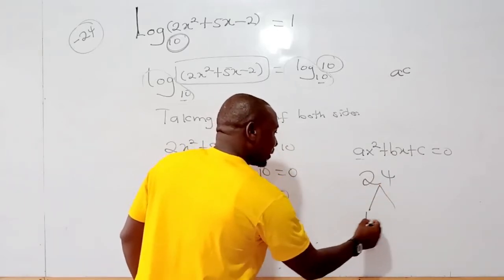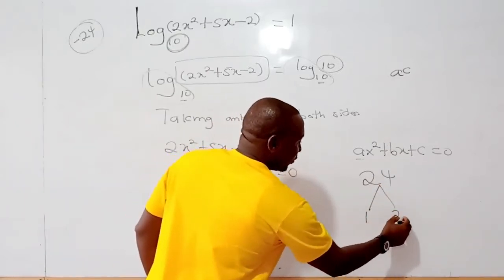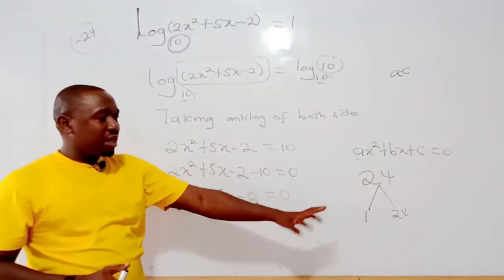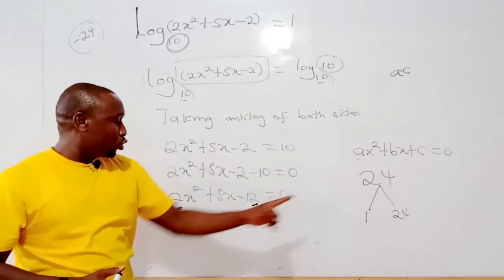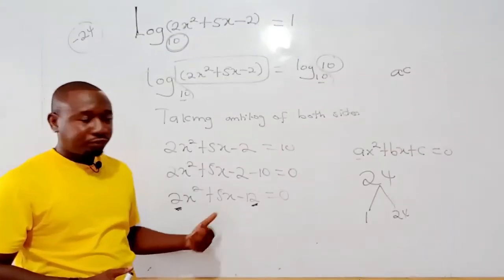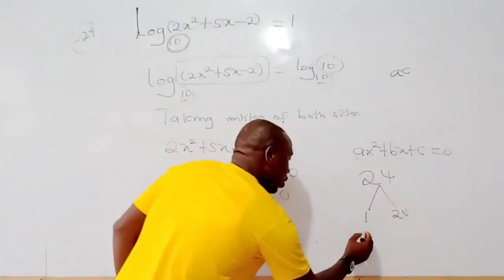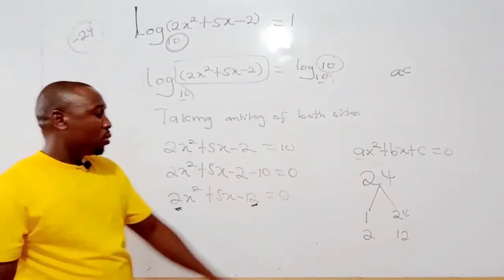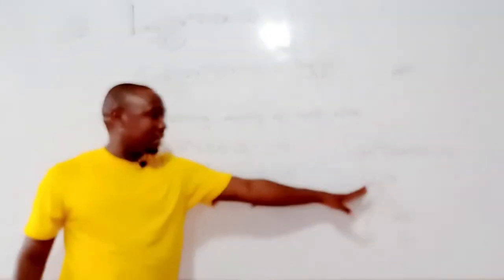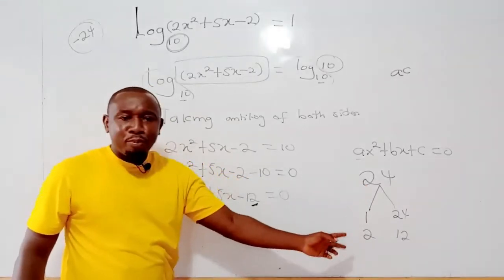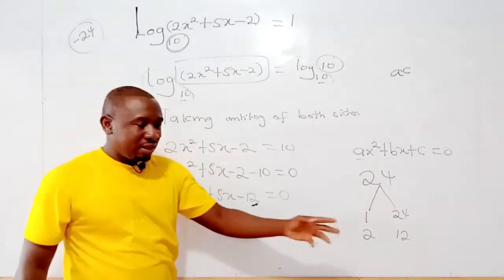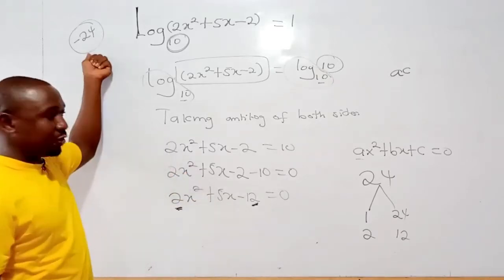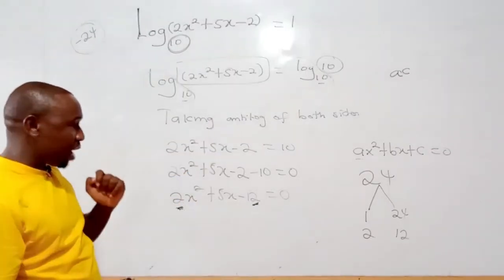You know, 1 times 24 will give you 24. But we don't have any combinations that can lead to positive 5. Again, we can also look at 2 and then 12. 2 times 12 will give you 24. But you can't get any positive and negative combinations that will give you positive 5 and then negative 24.